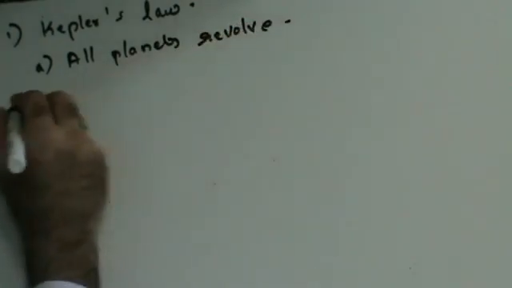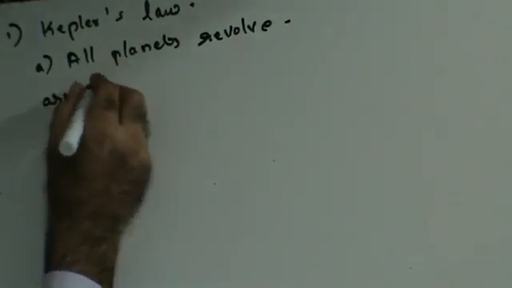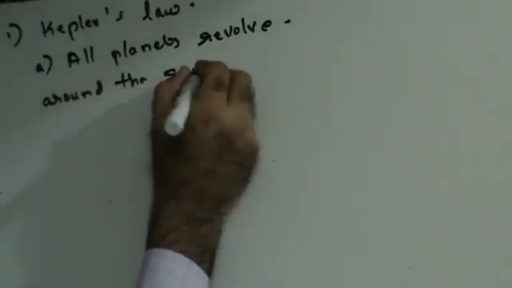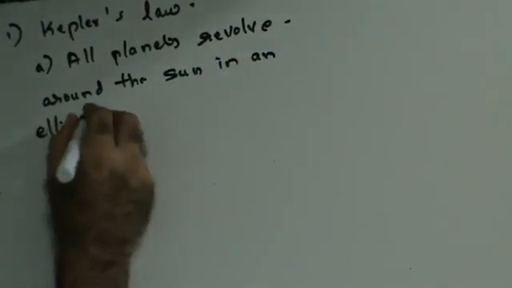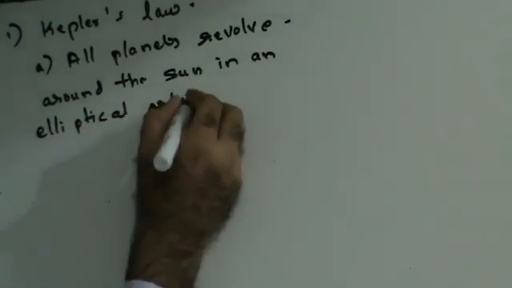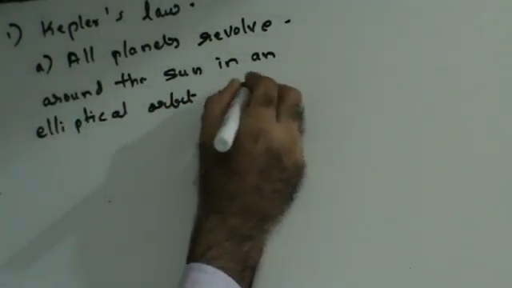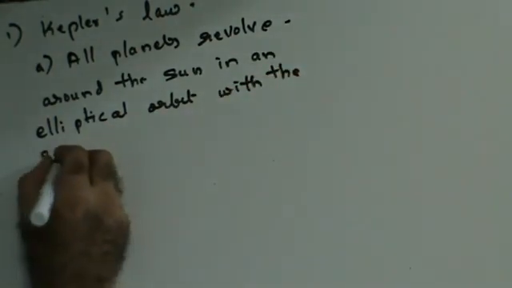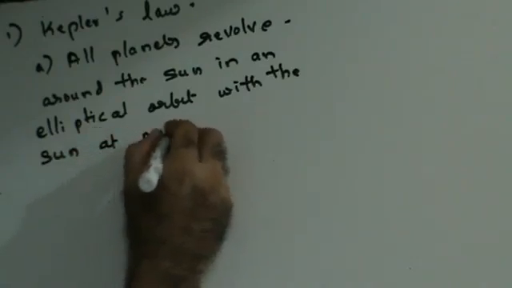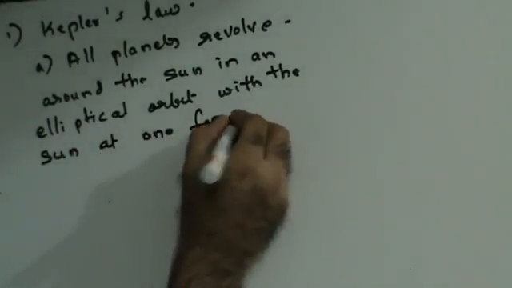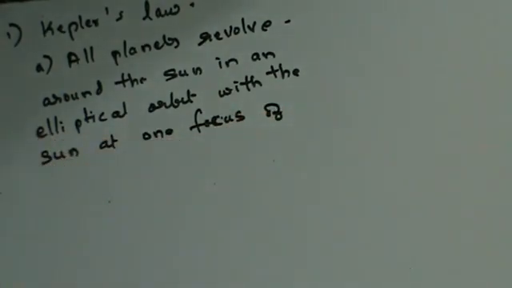His first law is that all planets revolve around the Sun in an elliptical orbit with the Sun at one focus of the orbit.